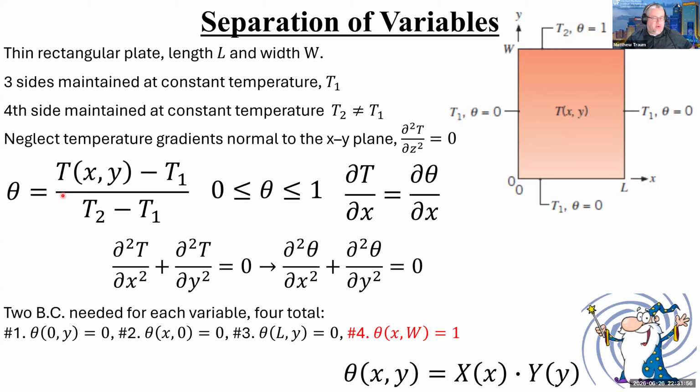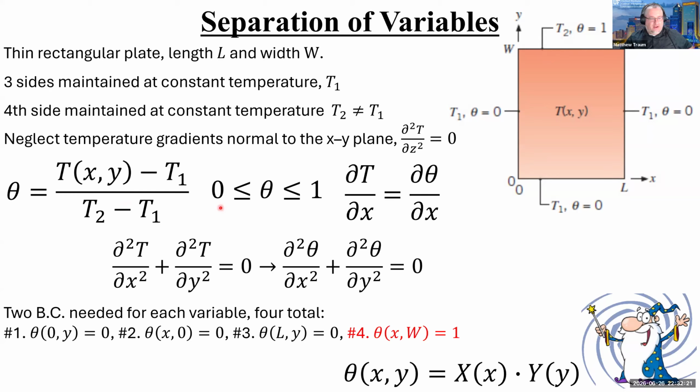And then that's going to be non-dimensionalized by T2 minus T1, which is the biggest possible temperature difference that you could get for this particular configuration. Remember, T2, that higher temperature, is up here. So high temperature, low temperature, low temperature, low temperature. And we're going to refer to that as theta. It's like a dimensionless temperature.